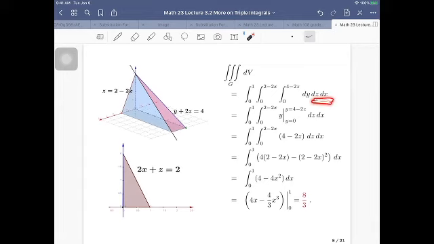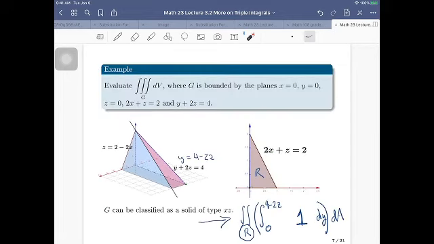We treat this as a type 1 region. So type 1 region means that you look at the vertical strip and look at the top and the bottom functions. So remember that this is the x-axis and this is the z-axis. So therefore, this is the line z equals 0, and this is the line z equals 2 minus 2x.